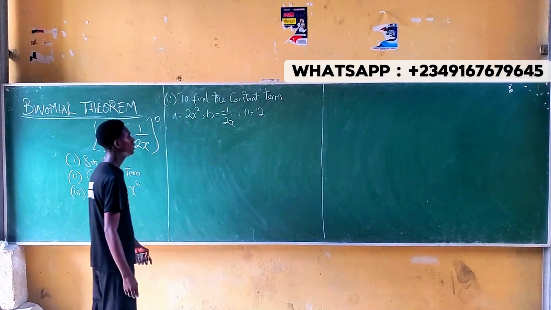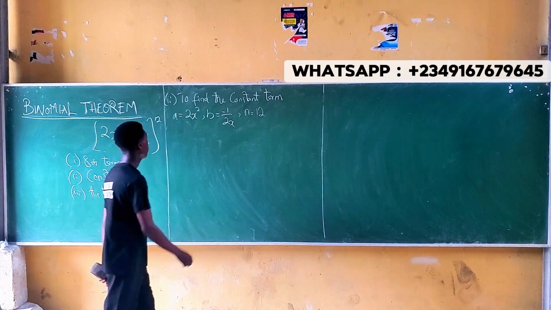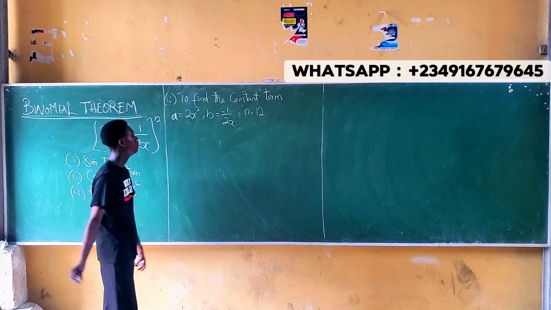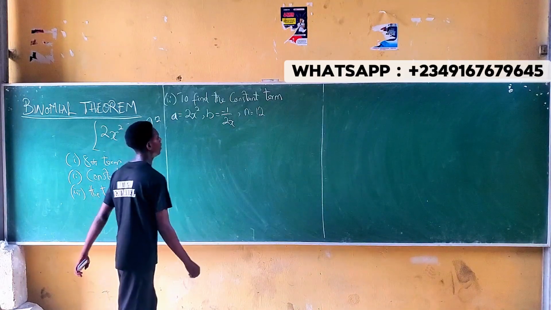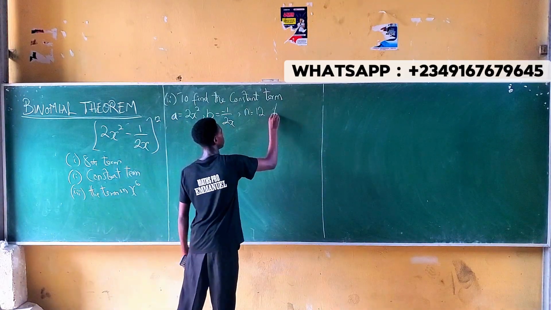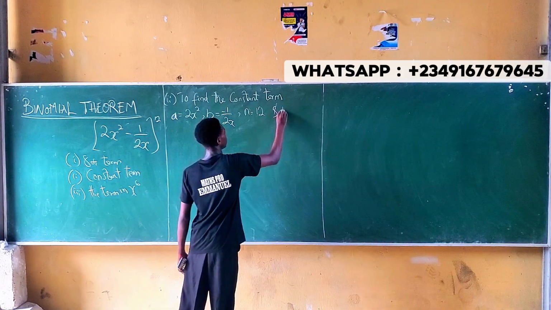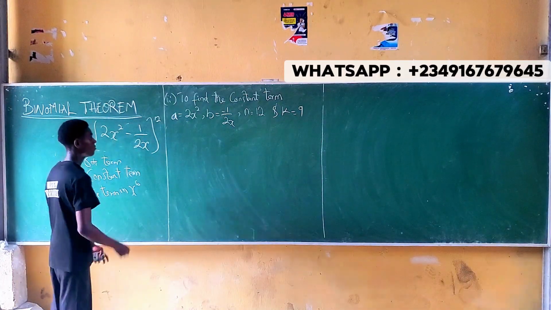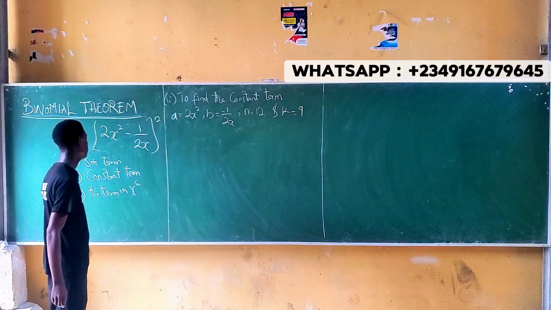Right, I've gotten k as 9. So a is 2x squared, b is minus 1 over 2x, n is 12, and k is 9. Now let's substitute these values inside the formula.